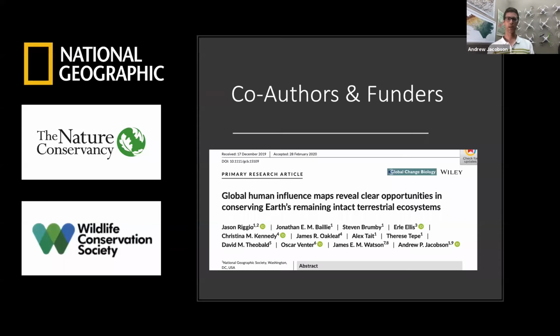We had a number of different authors representing a number of different institutions, from the National Geographic Society, the Nature Conservancy, and the Wildlife Conservation Society, along with a handful of independent researchers and scientists who all helped out on this article. So much thanks go to all those individuals and institutions.